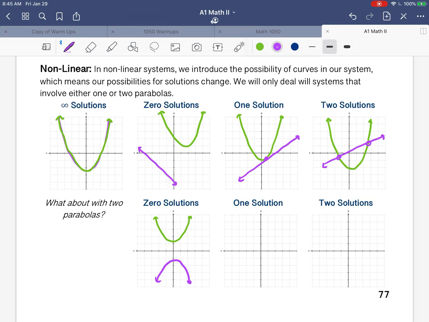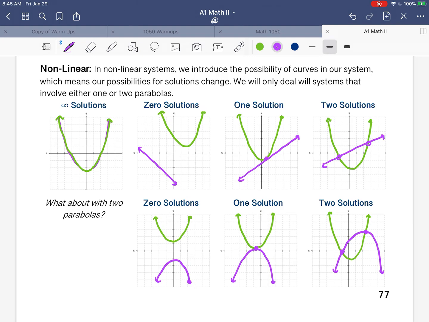They can also have one solution if they're facing different directions and are just barely touching their vertexes, then there would be one solution. And then, of course, there are also two solutions. If the parabolas overlap at all, then it's very likely that they will have two different intersection points.